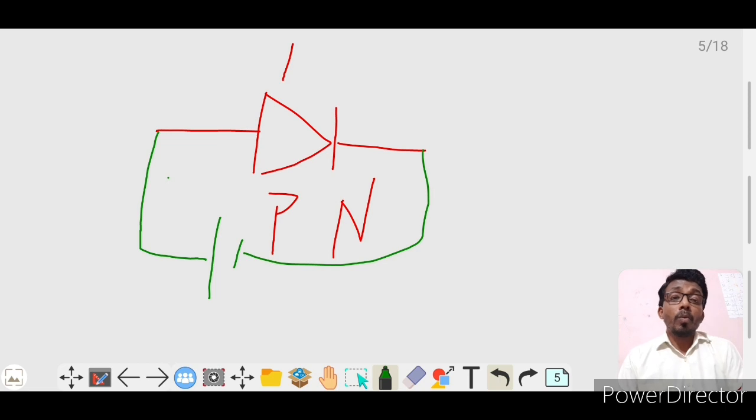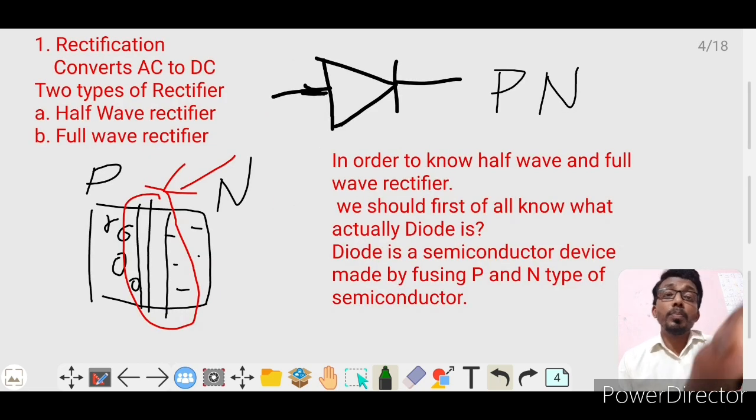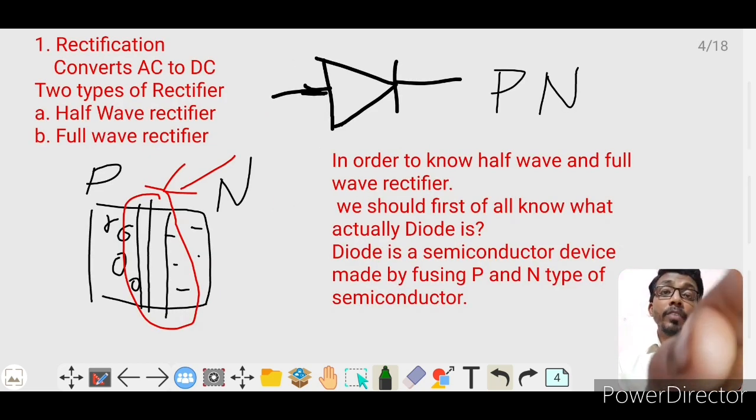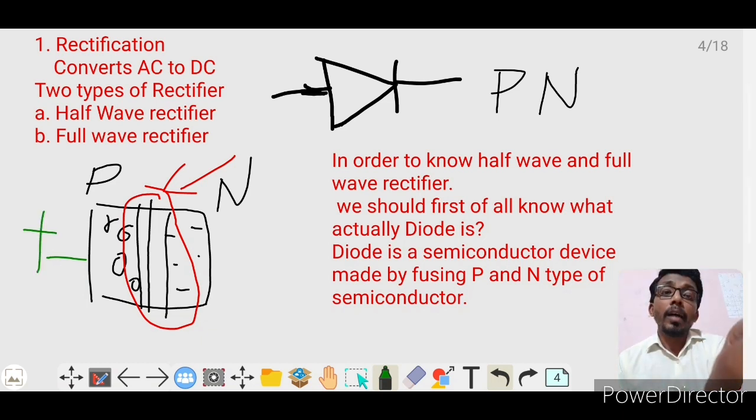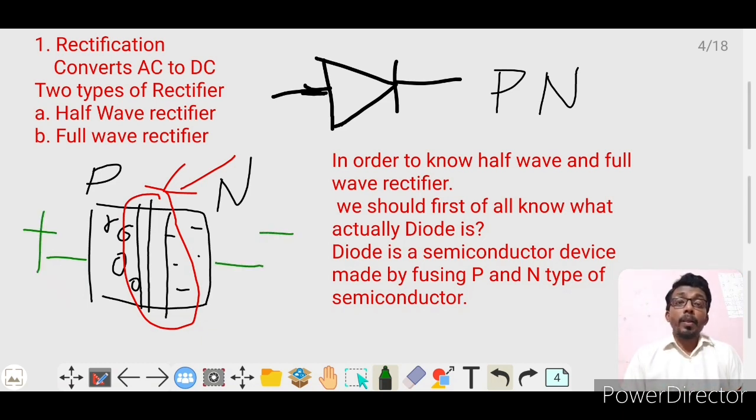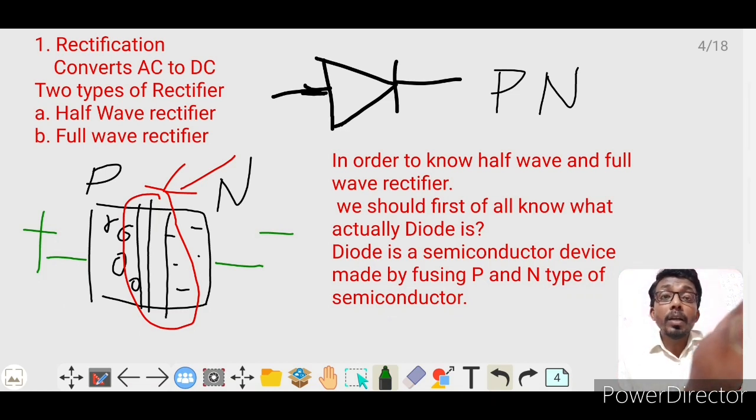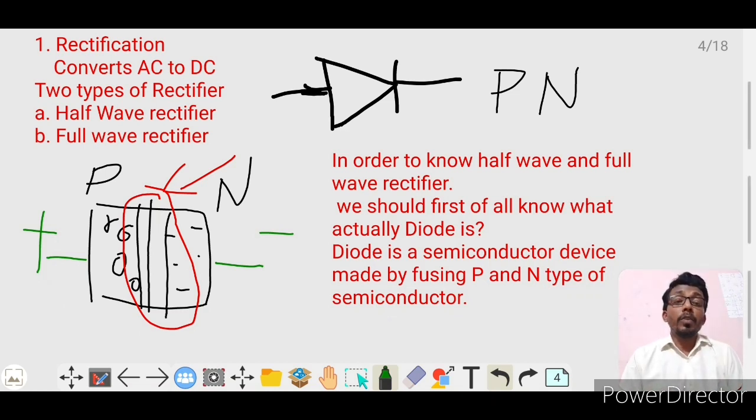That means, whatever we have seen in the previous session, if we connect this with positive and this with negative, this particular depletion layer starts decreasing.